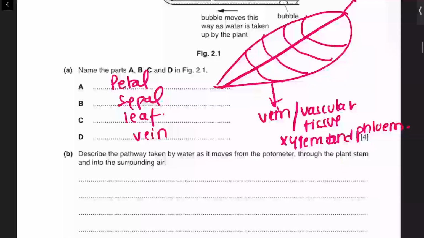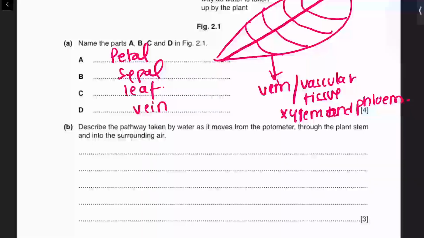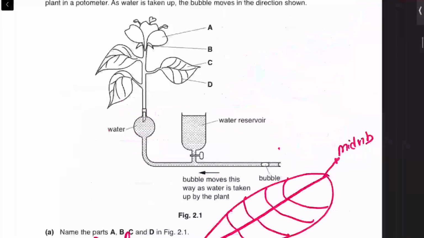So describe the pathway taken by water as it moves from the potometer through the plant stem and into the surrounding air. As it moves through the potometer, there is no root here, so you don't have to talk about the root. As it enters the stem, what part of the stem does it enter? You know that in the stem you have two vessels, xylem and phloem.